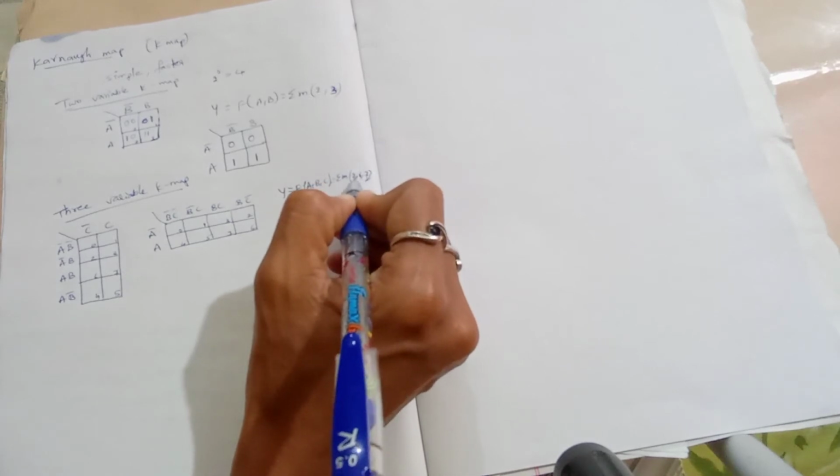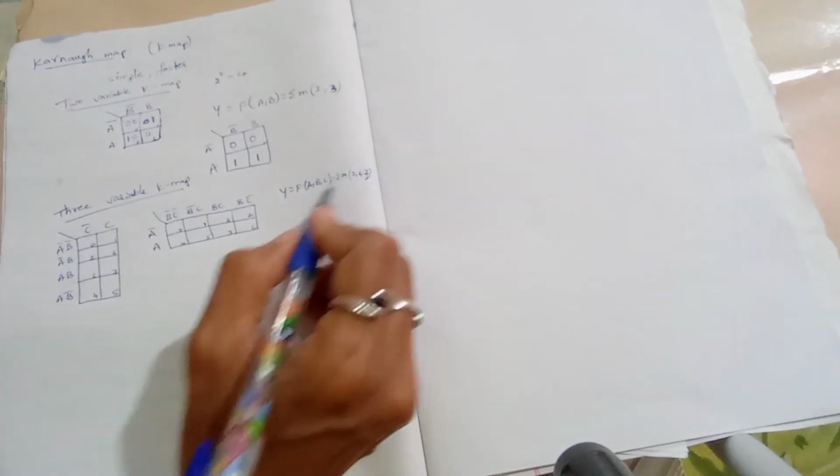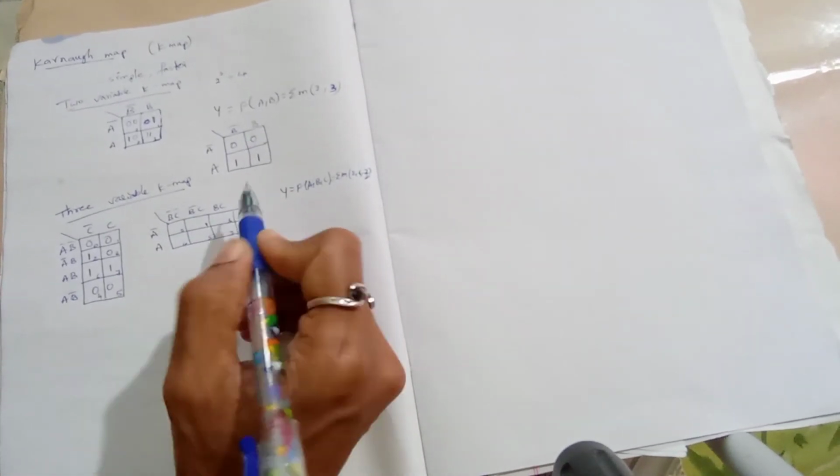That means 2, 6 and 7 become 1 output and all other values become 0, low values. So 2, 6, 7. Where is cell number 2? Here. And 6 here, place 1, and 7. Remaining all you need to place zeros. And when you come to column wise, same again: 2, 6, 7. Remaining cell values 0.